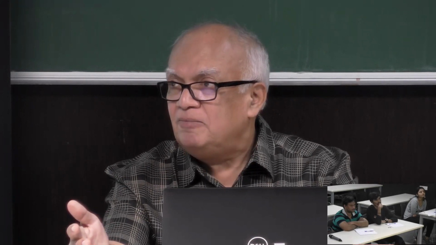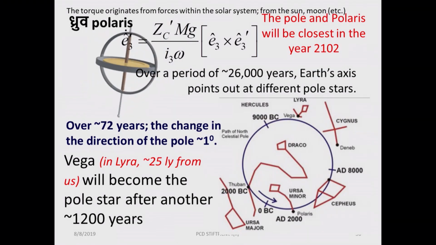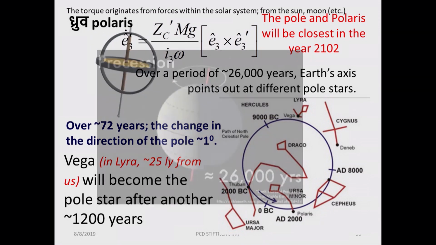And even over a human lifetime, it changes by 1 degree, and over a few generations by several, right? And over thousands of years, you see a different part of the sky altogether, okay? So, in fact, the pole and the pole star, which is actually a binary star, will be closest to each other in 2102, okay?